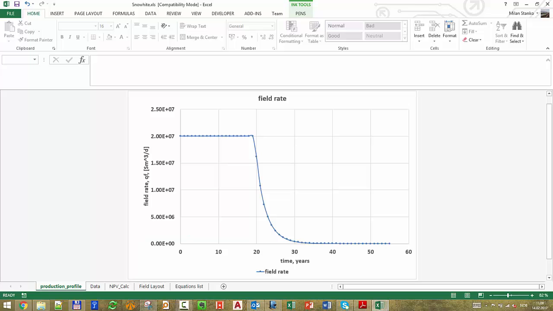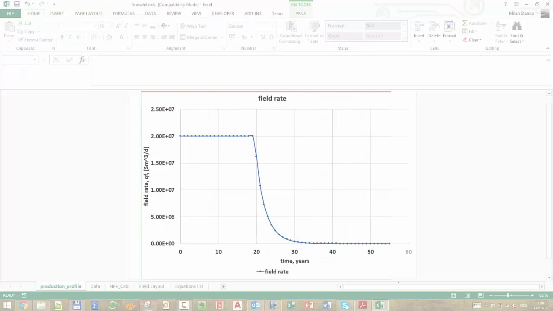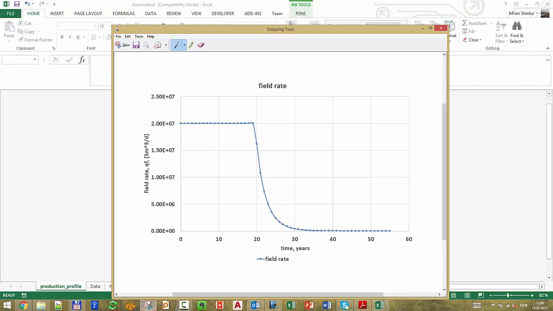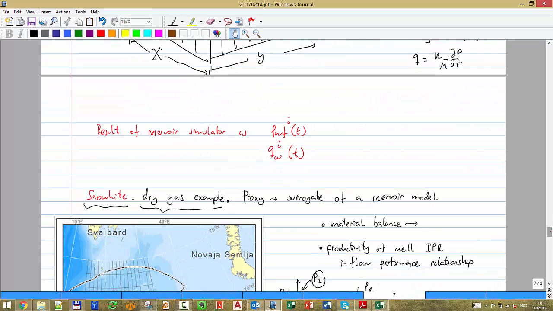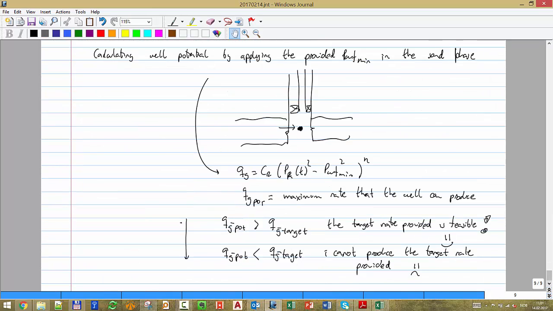It is when the revenue cannot pay anymore for the expenses. That's the minimum rate.